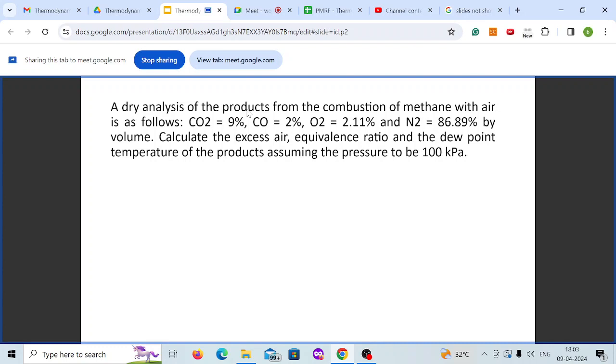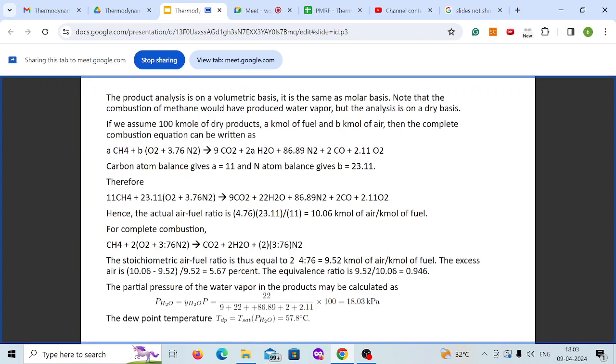This is given as a percentage of volume fraction. So you need to find out how much excess air you are providing, the equivalence ratio, and then the dew point when your products are at a pressure of 100 kilopascal. So we'll see how to solve this. First, the fractions which they have given are on a volumetric basis, which is equivalent to your molar basis.